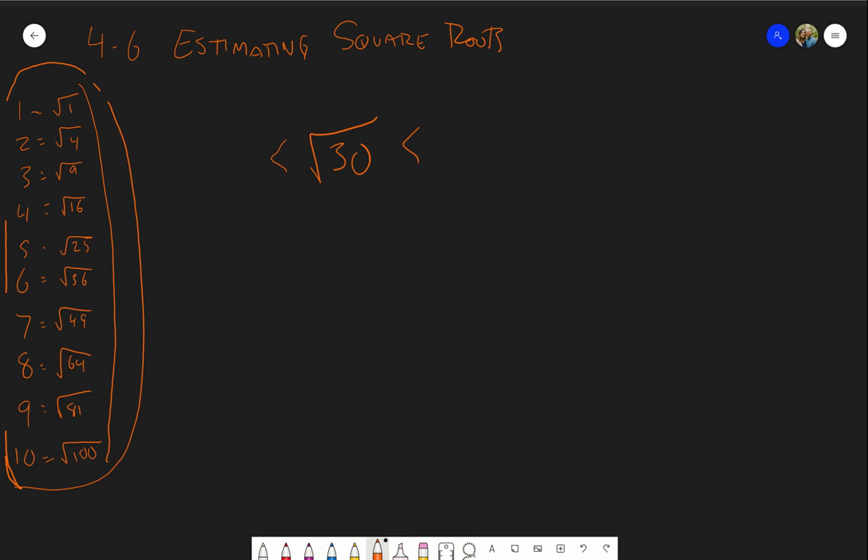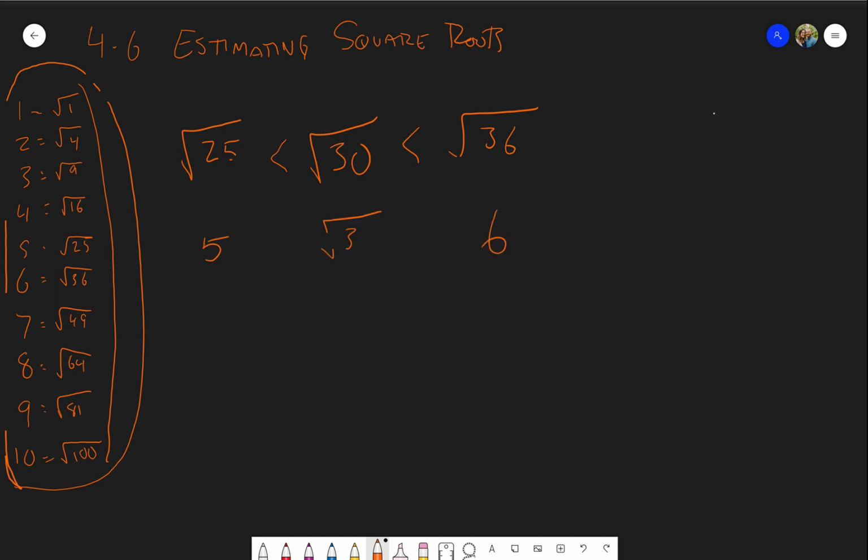So 30, if you're looking on our list here, fits right in between 25 and 36. We know 30 is in between 25 and 36, so it's in between the square root of 25 and the square root of 36. The square root of 25 is 5, the square root of 36 is 6.